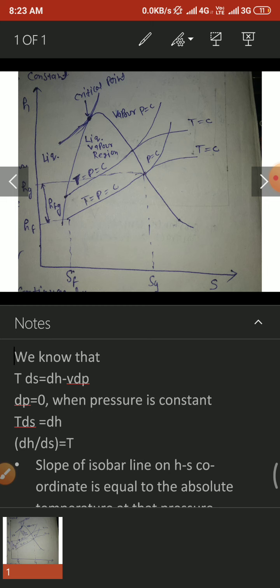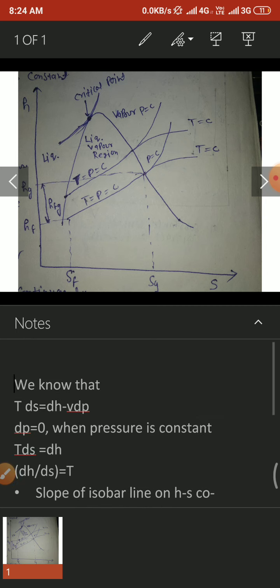When saturation pressure is gradually increasing, the latent heat of vaporization gradually decreases. When the saturation pressure reaches critical pressure, this latent heat of vaporization becomes zero. The critical pressure is 221 bar and critical temperature is 374 degrees centigrade.